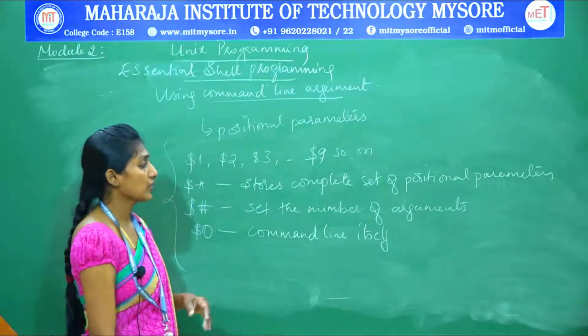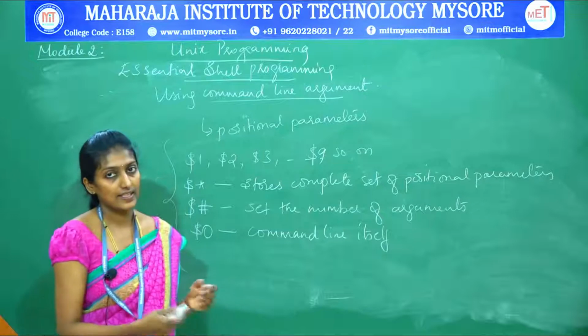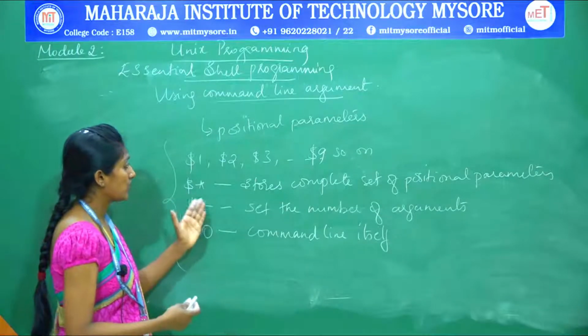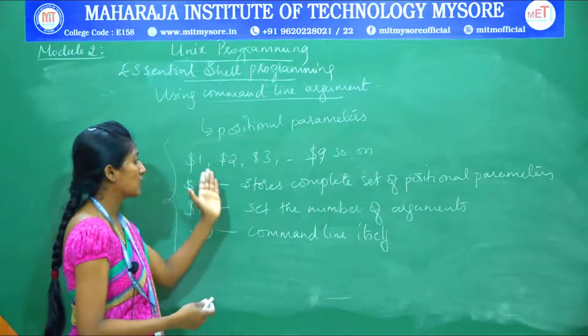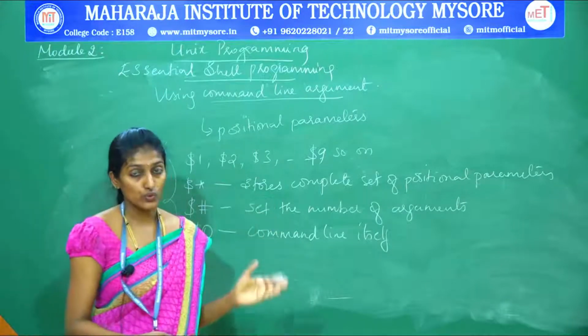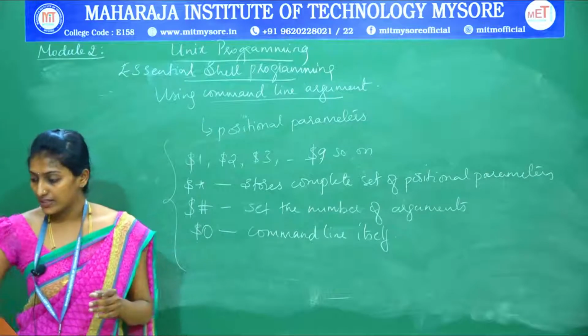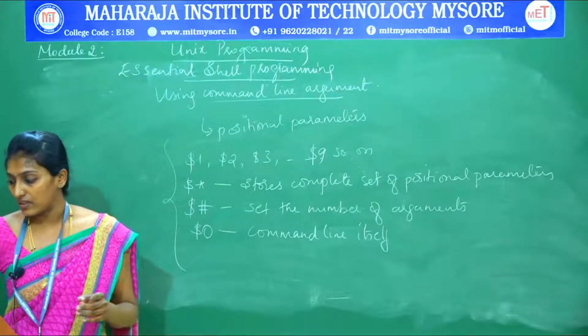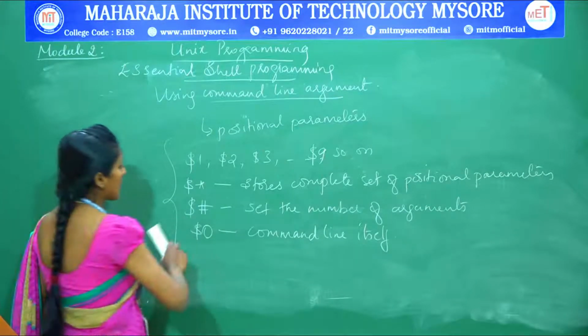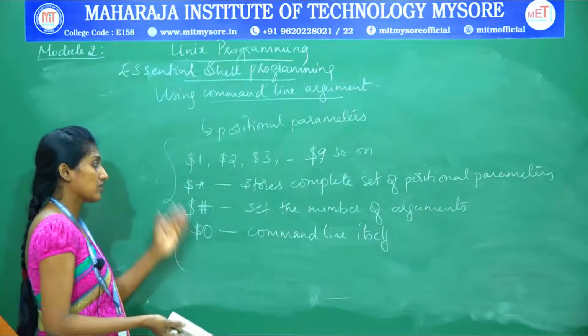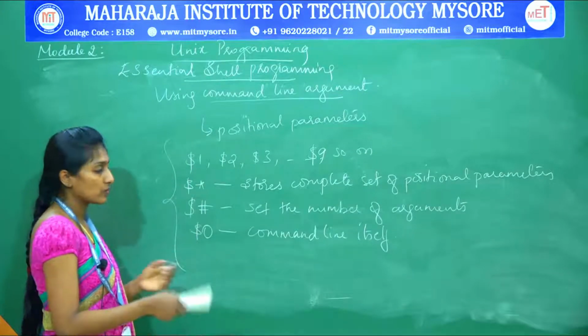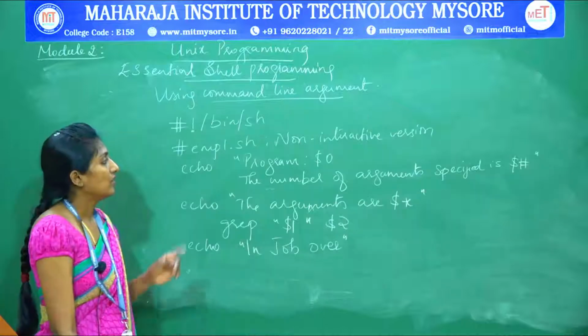We are going to discuss more about this in the next session, that is, how $1, $2, $3 are used within a program. Let me show you that example, and in the next session we will discuss more with further examples.